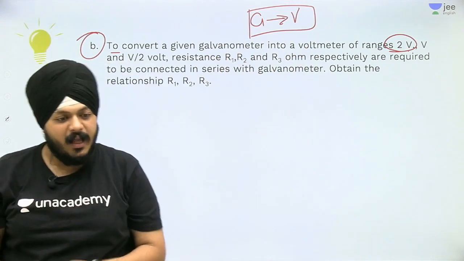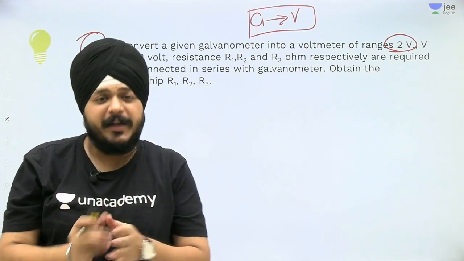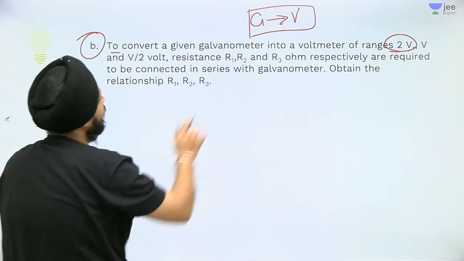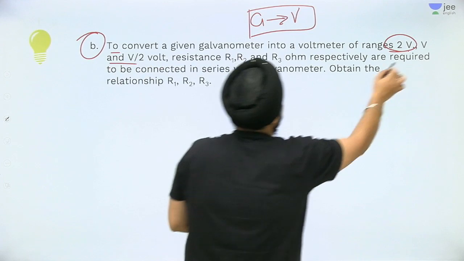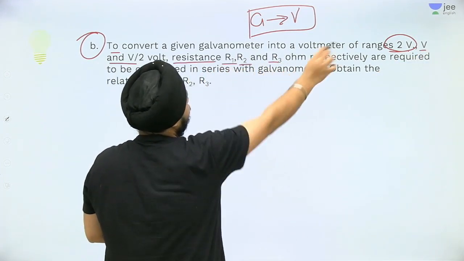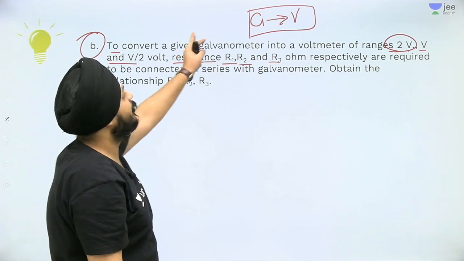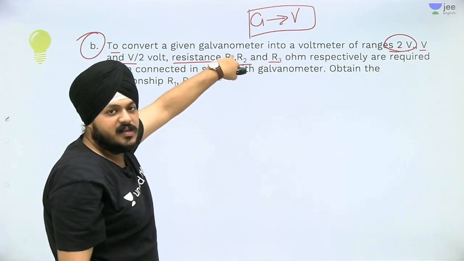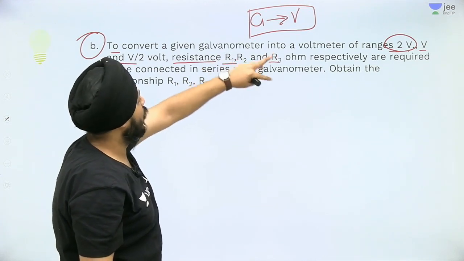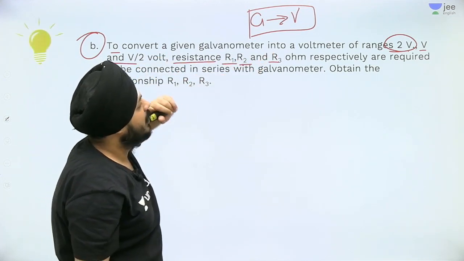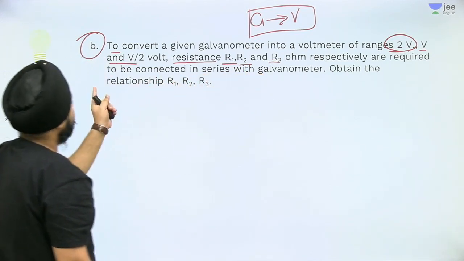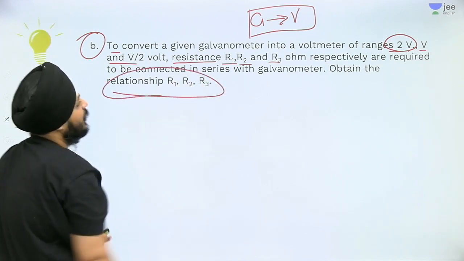Resistances R1, R2 and R3 are needed for 2V, V and V by 2 volt respectively, to be connected in series with the galvanometer. Obtain the relation between R1, R2 and R3.